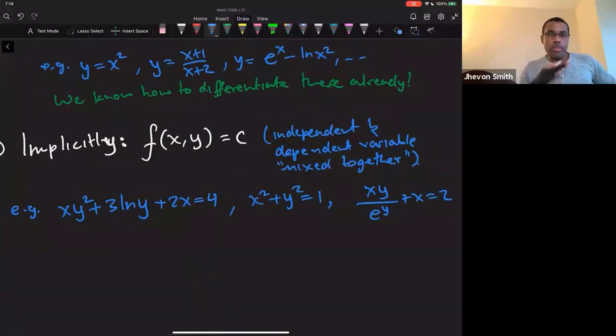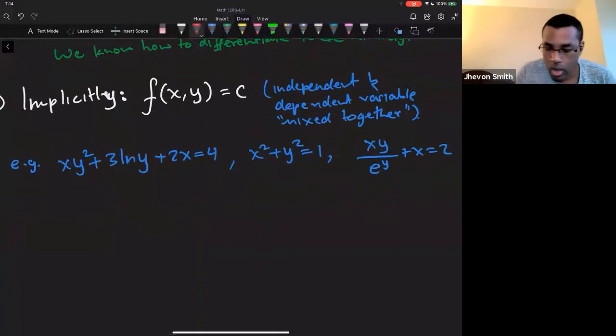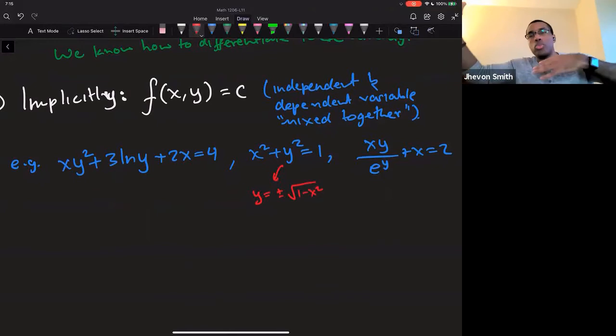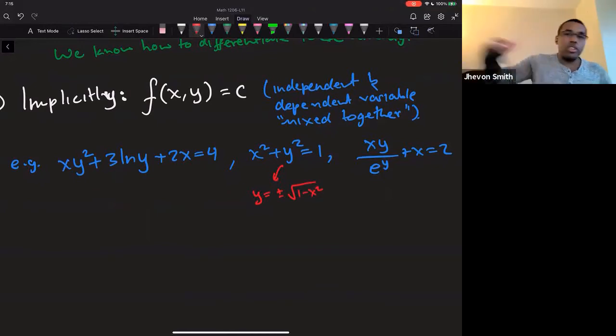So here you don't have your y isolated. Your y is still some function, but you really don't know what it is. So for example, here we could solve for y and get plus or minus the radical of 1 minus x squared. And that's writing it explicitly, but then you'd have to choose what side you want. Do I want the positive side or the negative side?